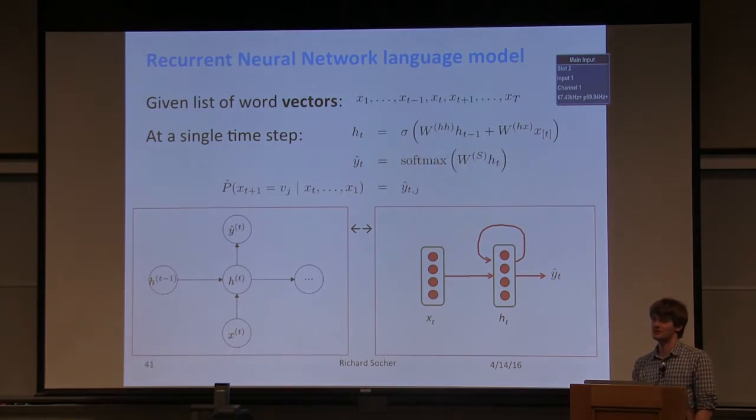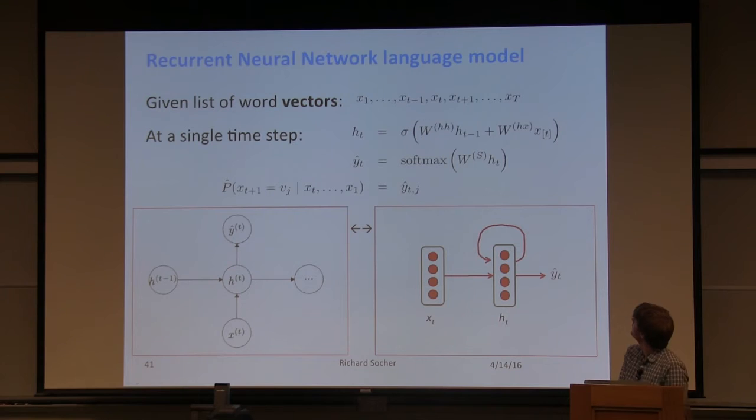All right, so at each time step, we just have a single layer neural network. It's the simplest recurrent neural network definition that we have. And xt just happens to be the word vector at the t-th time step. Sometimes I use these brackets to denote this, because at this time step we have a specific word, and now we have to look up which word vector actually corresponds to that word index.